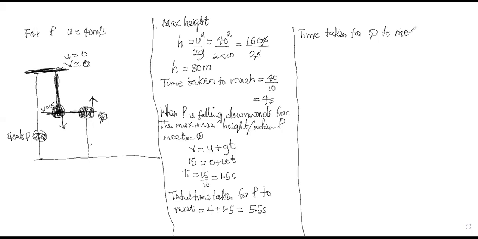If by the time they meet, P has traveled a total of 5.5 seconds, what will be the time traveled by Q by the time it meets P? That is my question.